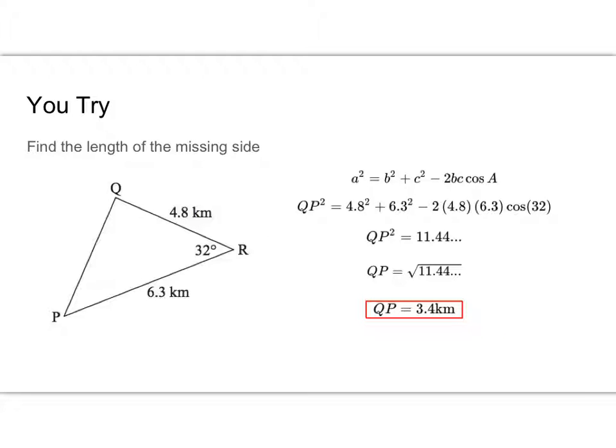Okay, so hopefully you got 3.4 kilometers. I don't like how this is written. If I were doing this problem, I would relabel this triangle. I would label this angle A, just so I know what I'm doing. I always take the extra step to label things, B and C, you know how forgetful I can be.